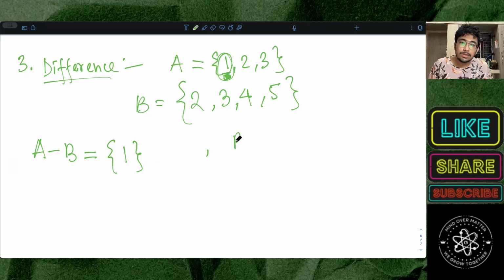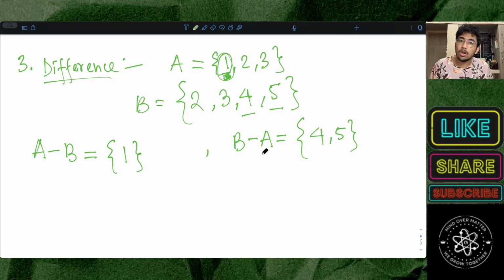And similarly, B difference A is the set that contains all the elements in B that are not present in A. So 4 and 5 are such two elements.